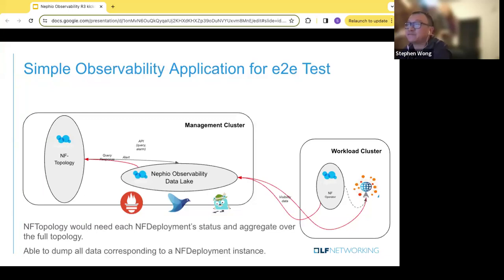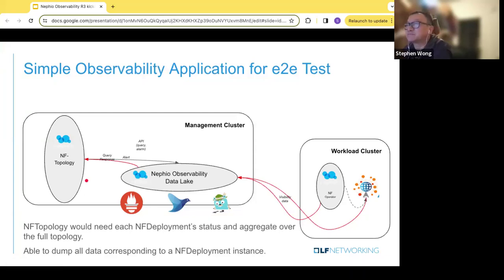It will have something, a high-level analytic engine that sits on top of or in the management cluster, that would be able to get the data and then do whatever analyses they have to do. And be able to get the data off of the network functions, off of the operator, and the high-level application will be able to access it. I think those are probably some of the preliminary goals.